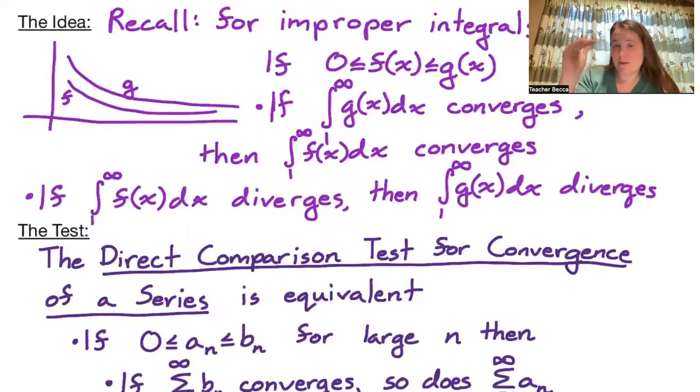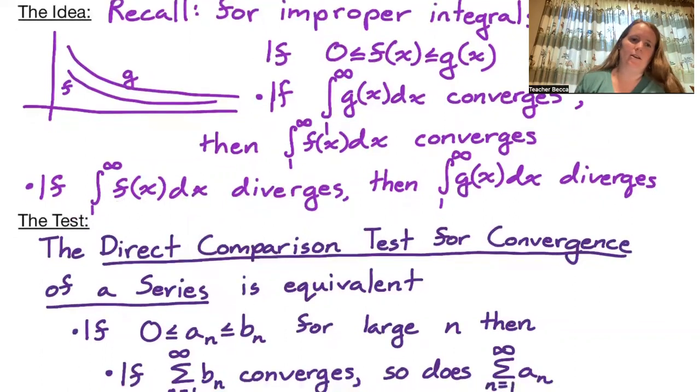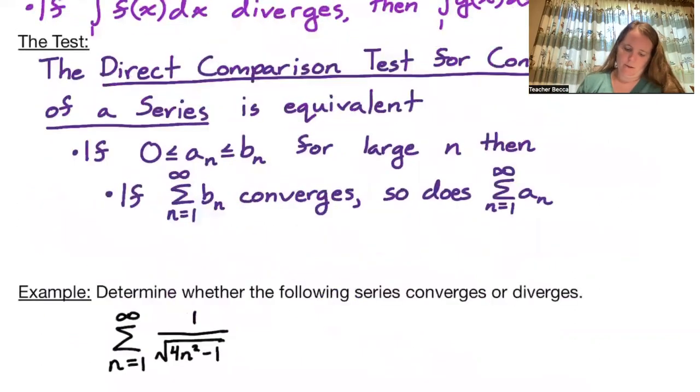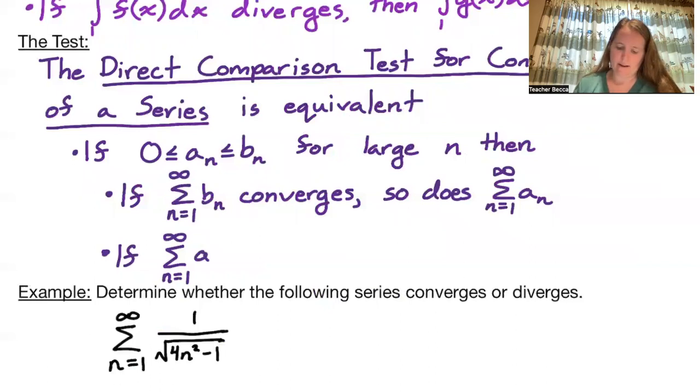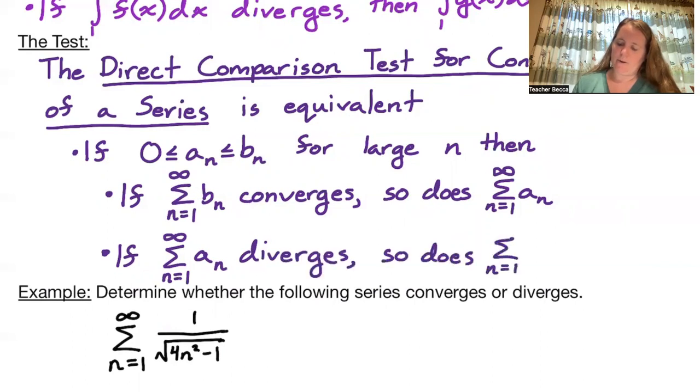If sort of the upper series converges, then the inside one has to converge. And then similarly, if the inside series diverges, so if the sum from n equals 1 to infinity of a sub n diverges, so does the sum from n equals 1 to infinity of b sub n.